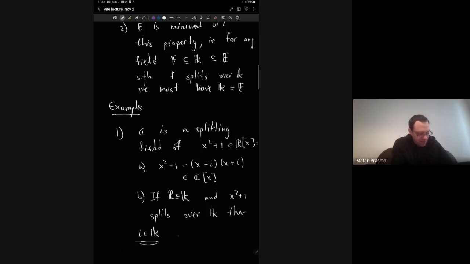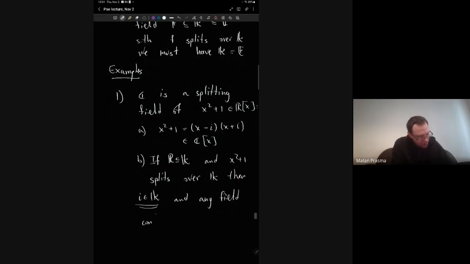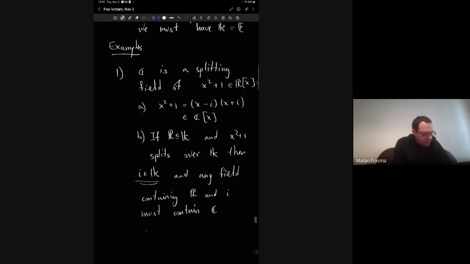And any field containing R and i must contain C, right? Because C is simply the set of all, let's say, a plus bi, where a and b are real numbers.